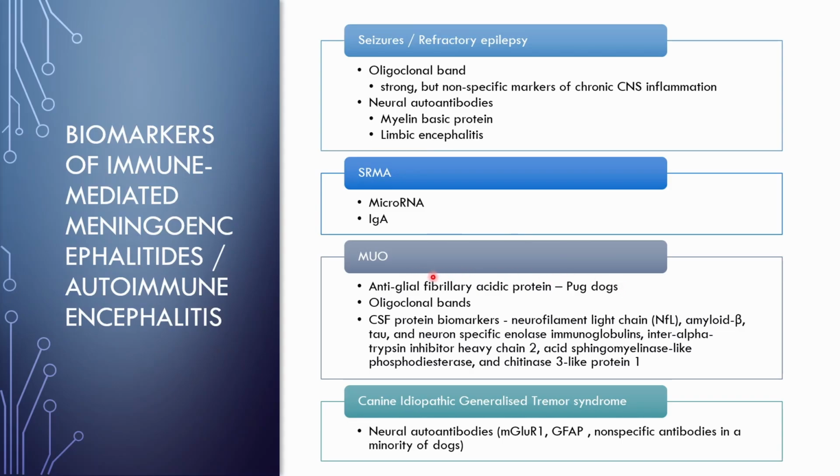And then with MUO and meningoencephalomyelitis of unknown origin, there are tests for the anti-glial fibrillary acidic protein in pug dogs, for pug encephalitis, oligoclonal bands again, and various different CSF protein biomarkers, which I've listed there. And the same goes for canine idiopathic generalized tremor syndrome. And that's really because actually we'd quite like to know what the target is in that disease.